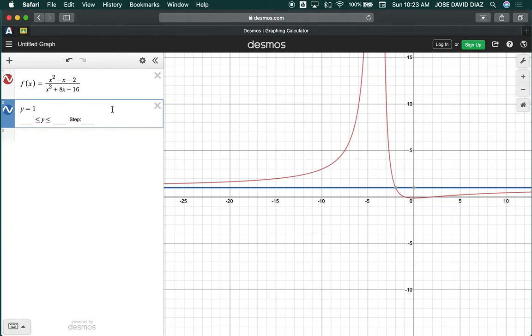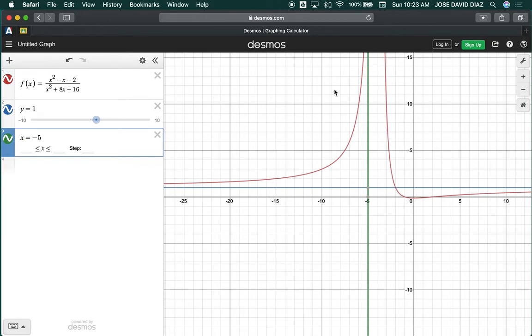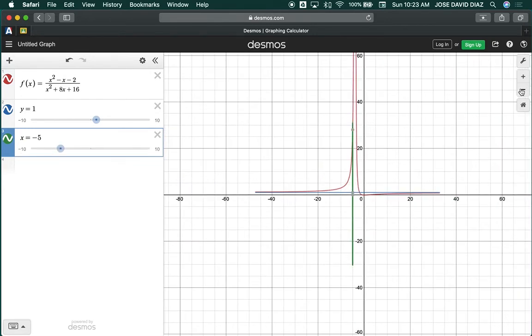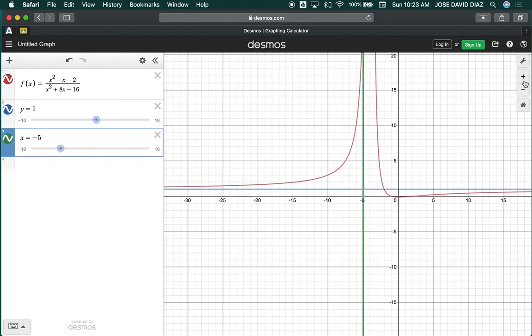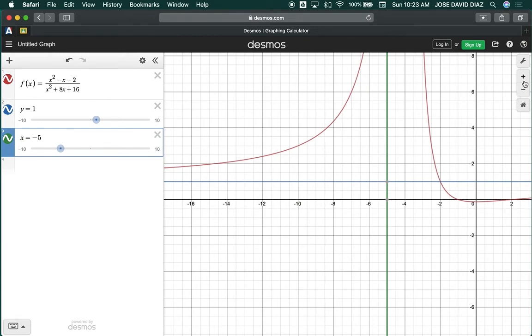Your vertical asymptote is at -5. It seems like there might be, yeah. So just make a quick sketch. Horizontal asymptote, I'm going to copy it down. Vertical asymptote will be at -5.